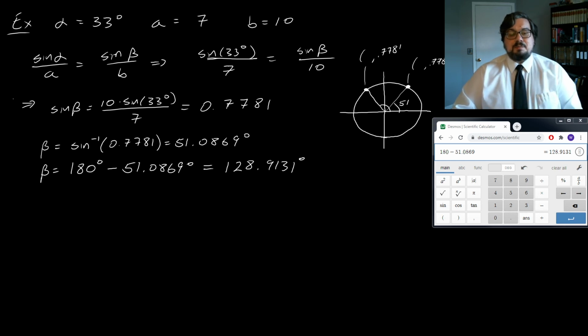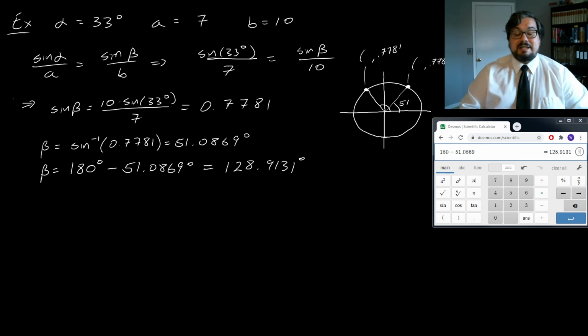Now, at this point, we can't rule either one of them out, and it may be the case that both of them are valid. You're going to tell whether or not both of them are valid in the next step, which is where we figure out gamma. Now, gamma is always going to be equal to 180 degrees minus alpha minus beta.